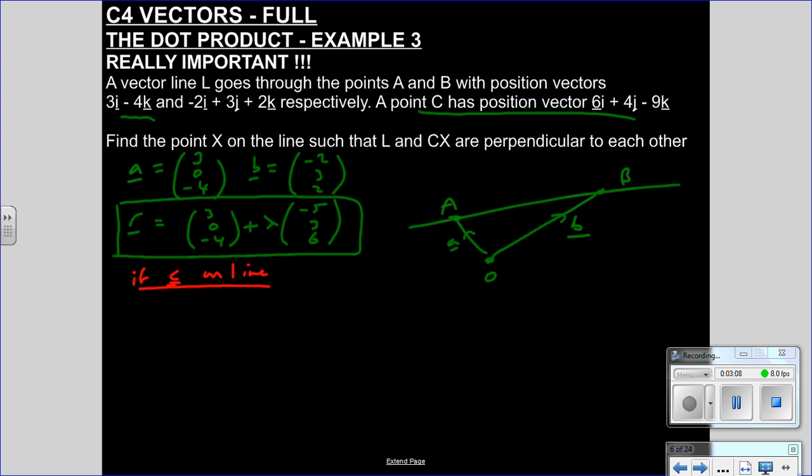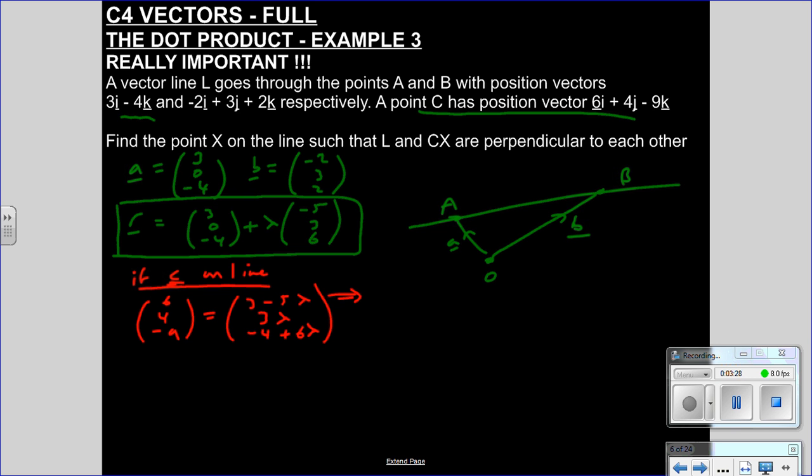Remember, r is any point on the line, so if C is on the line, then 6, 4, minus 9 would equal the line itself. And remember, lambda is the scalar. That's a number, a constant, so it remains constant. So it must work for top, middle, and bottom.